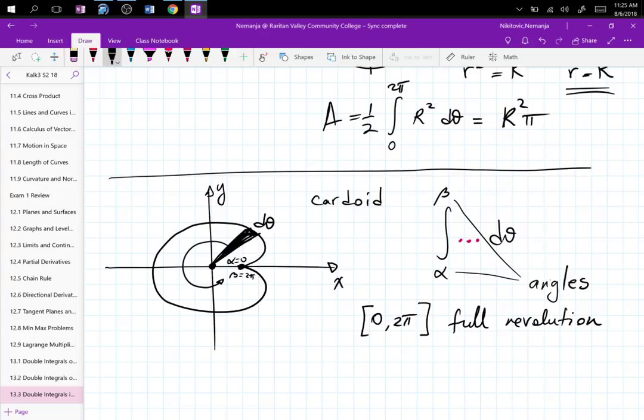Maybe I want a half of the circle, half of the cardioid, half of the flower. Well, if I want a half, then 0 to pi, because 0 to pi is going to trace half of the image. So we are in control of whether we want the full object or half of the object.